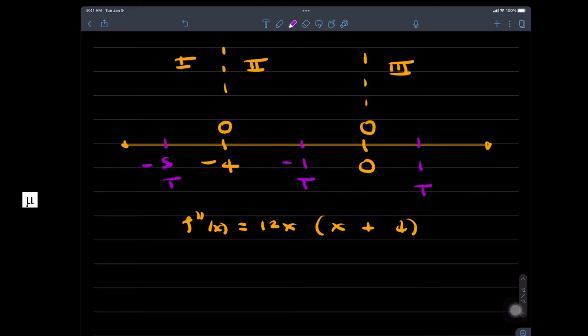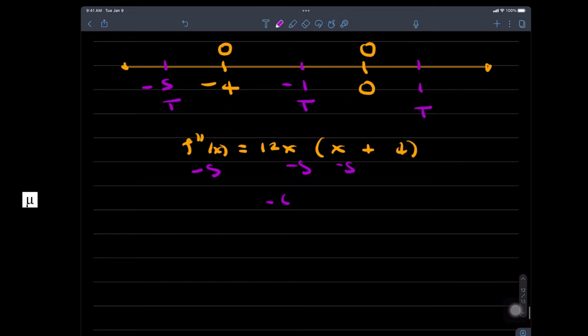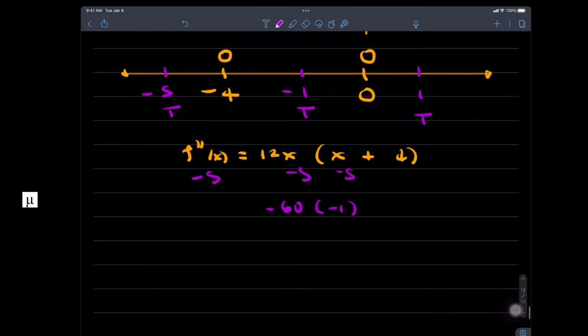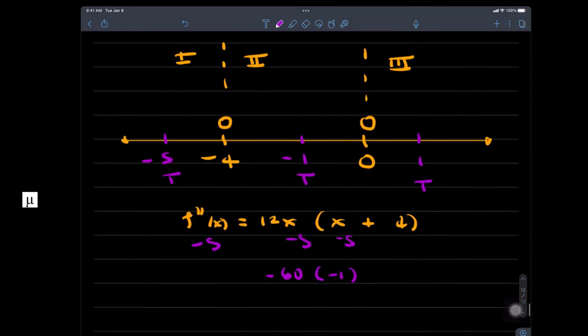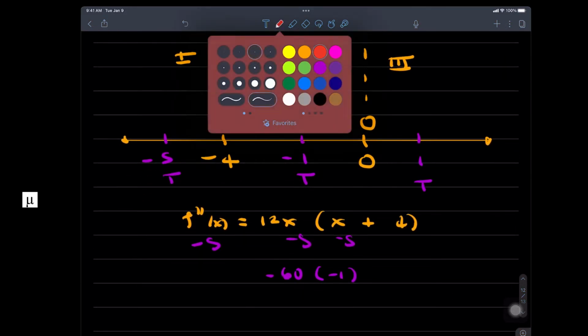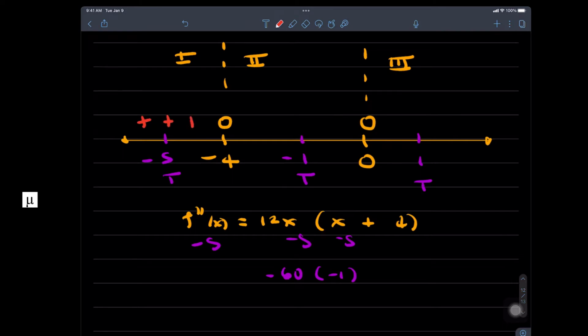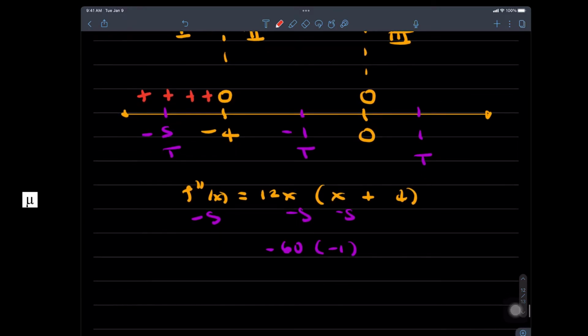So what do we get here? You guys remember? We have to test this. So we're going to plug in negative 5. What do we get here? This is negative 60. Negative 5 plus 4, isn't that negative 1? So that means a negative times a negative. So region 1 is positive. What do we plug in now?